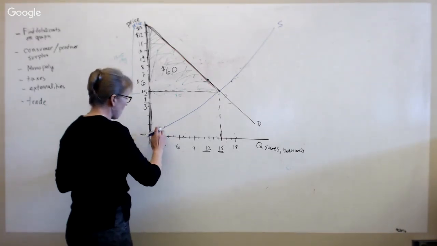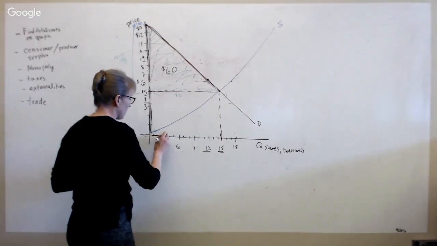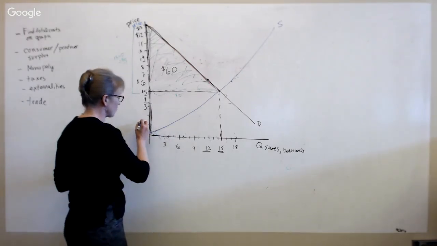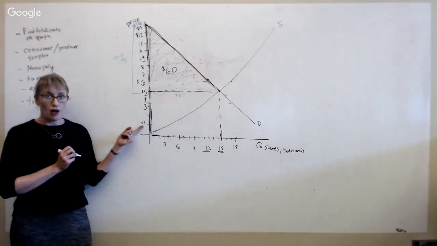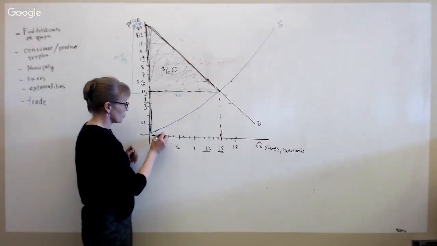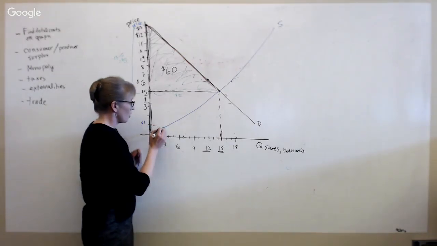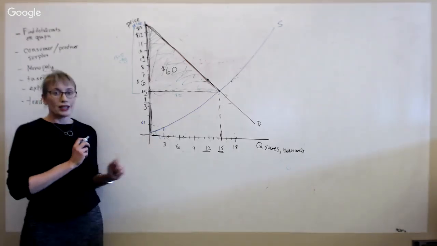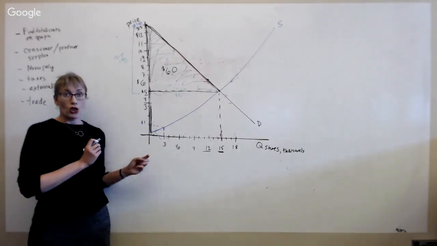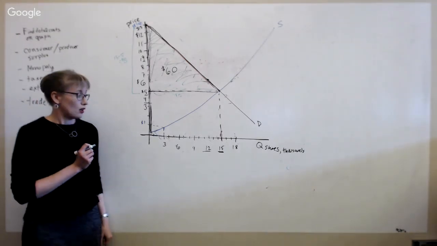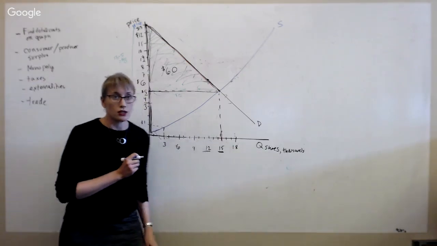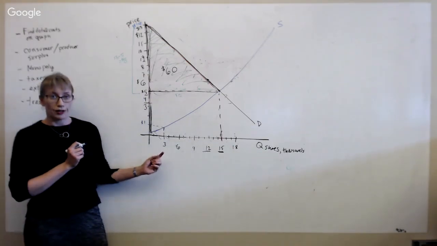So I have it drawn here such that if the price of shoes were $1, producers would be willing and able to bring 3,000 shoes to market.